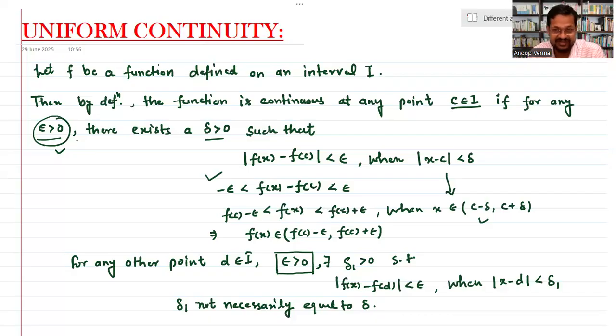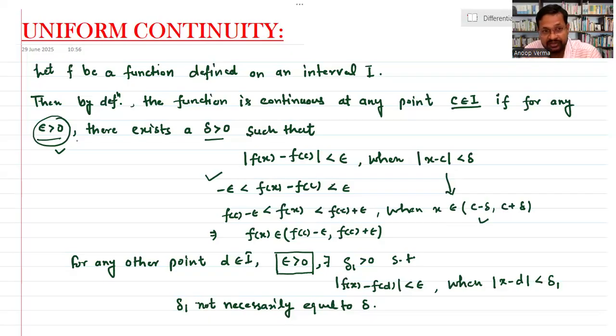Next we will discuss some theorems and results, but first we understand the meaning of uniform continuity. For the continuity of a function at a point or throughout the interval, at different points we have different deltas for the same epsilon.